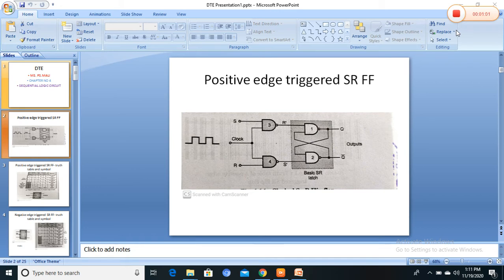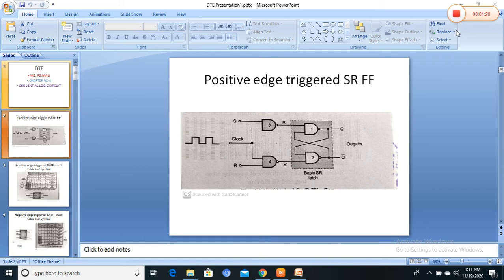If clock is 0, for the negative going clock edge. In the first case, when S is don't care, R is don't care, clock is 0. Clock is 0 means low level. Output of NAND gate 3 and 4 will be forced to be 1, irrespective of the values of S and R. That means R dash and S dash are 1.